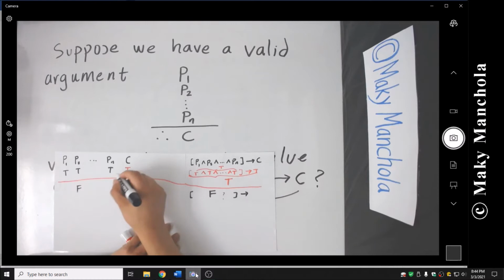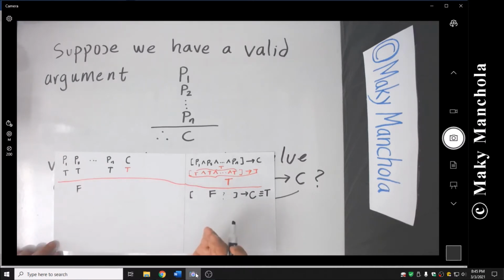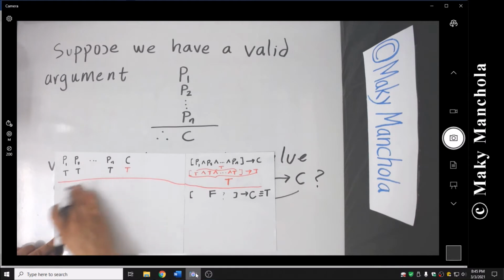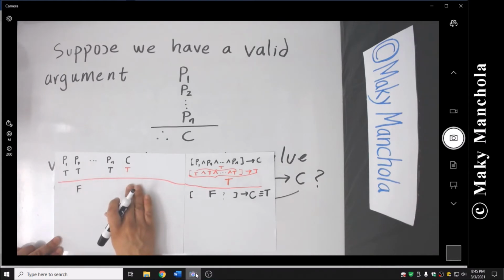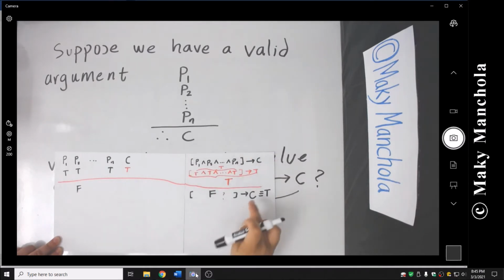Implies, now, whether I assume C to be true or false is now irrelevant, because we know that whenever the antecedent is false, the result of the conditional is always true. So if I know the conclusion is true, false implies true is true. If I know the conclusion is false, false implies false is still true. So in summary, it doesn't matter how many false entries I have here. My result for the conjunction of the premises implies the conclusion is going to be true.